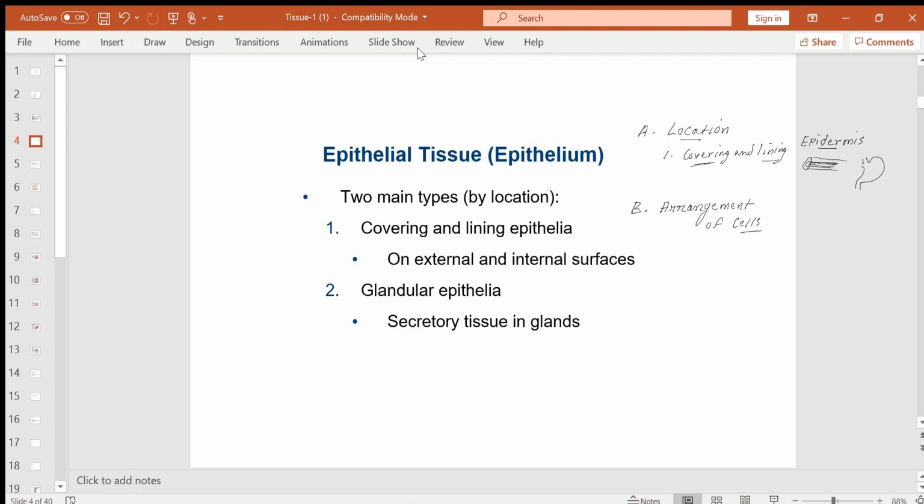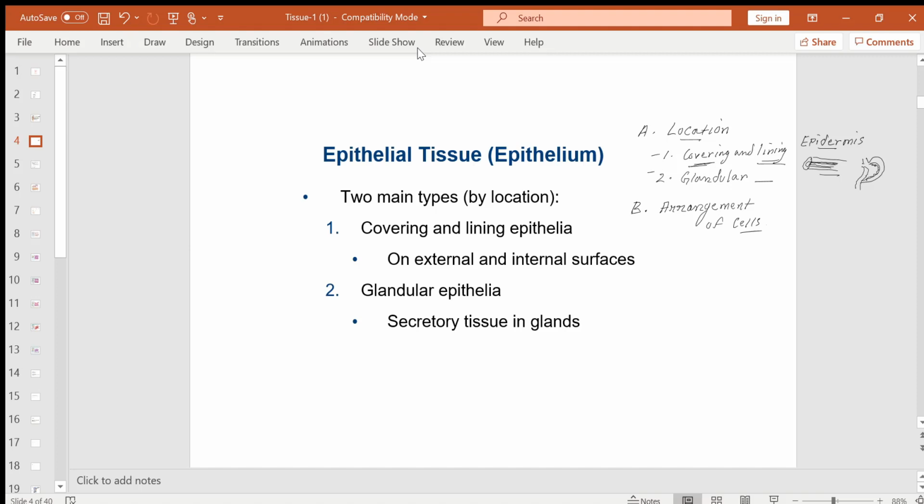The innermost thin layer is here, and that is epithelial tissue. Okay, so outer covering and inner lining, that is one type. Another type is called glandular epithelium, inside the glands. Okay, so by location we divide into two types.